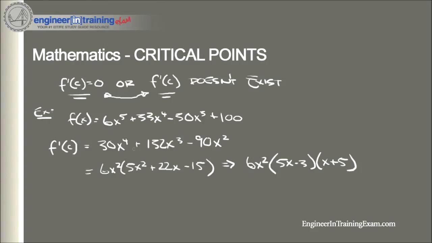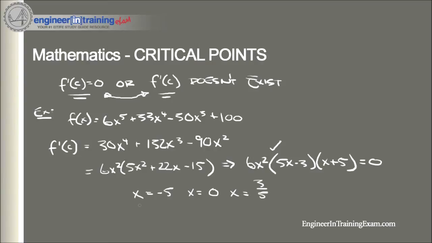So now, since we're factored out, we just need to set this derivative of this function equal to 0 and determine what values of x will make this a true statement. And we see that x equal to -5 will make this function equal to 0. x is equal to 0, as well as x is equal to 3/5.